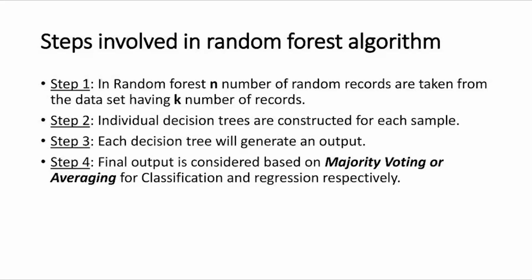Six decision trees give a single record as class A, and four decision trees give it as class B. So the majority vote would be class A as the aggregated result of the whole ensemble model. And that is basically how a decision tree based random forest works.